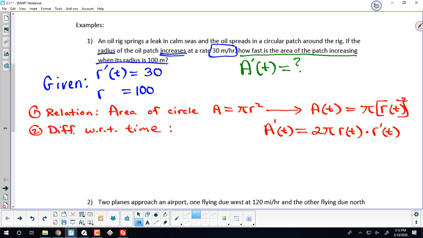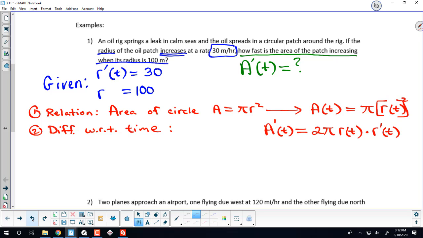Questions on that derivative? It's a derivative with respect to time. It's no different than if we said, okay, y is a function of x squared. How do we take the derivative of that? It's 2 times f of x times f prime. Same thing with the radius.